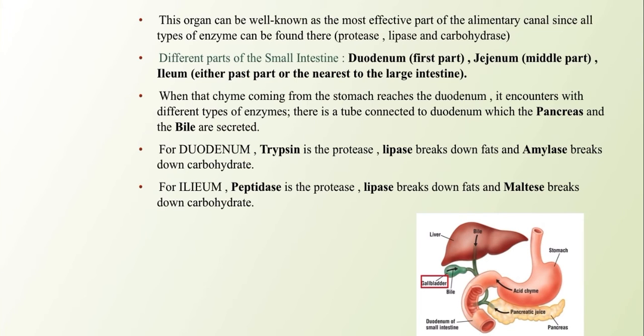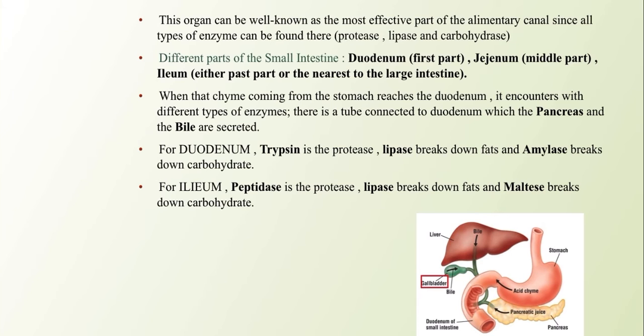So let's notice in general that for the duodenum, trypsin is a kind of enzyme which breaks down protein molecules. Trypsin is the protease in the duodenum. Lipase, in general, breaks down fats, and amylase, as I said before, breaks down carbohydrates. In this case, it breaks down starch to maltose.